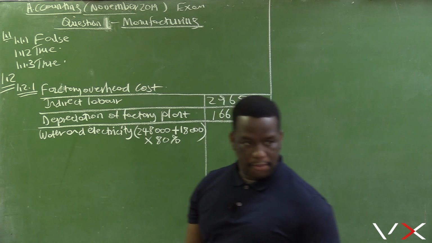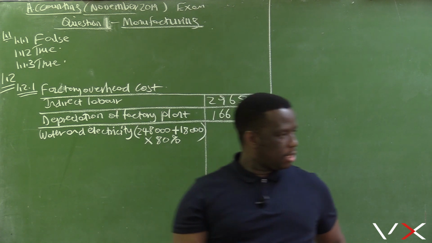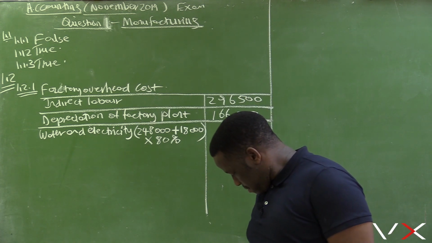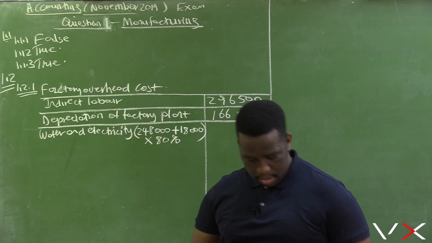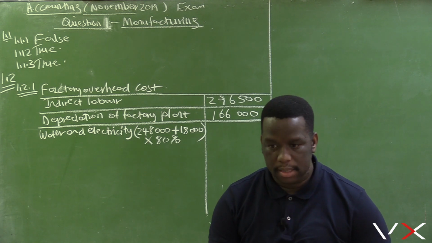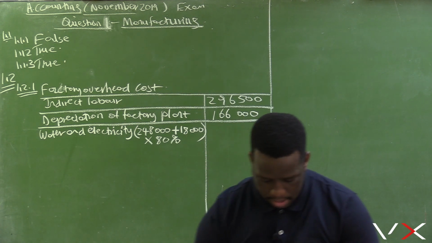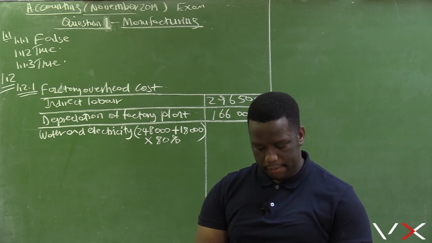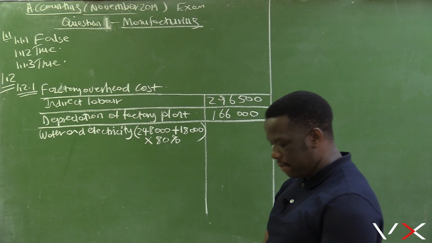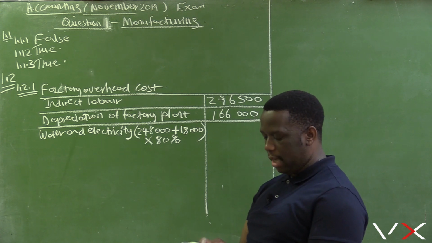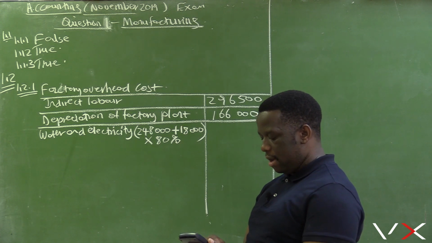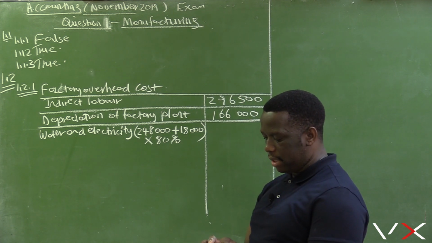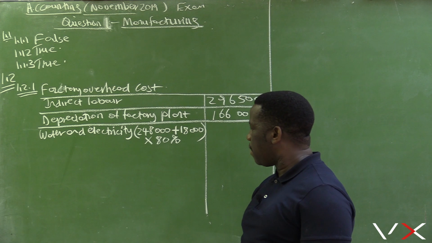So let us check. Let me get my calculator. We have the 248,000 pre-adjustment amount plus the 18,000 for water and electricity for February.